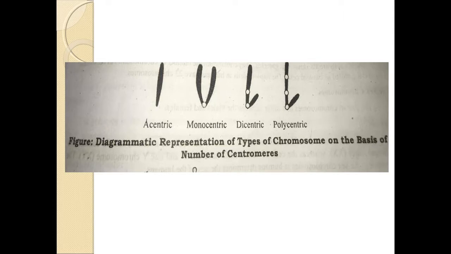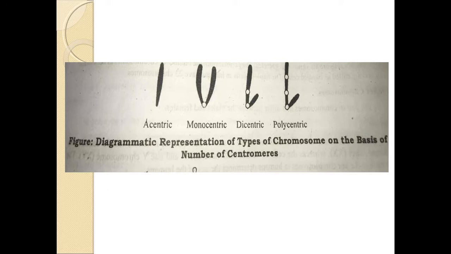Next we have here diagrammatic representation of types of chromosome on the basis of number of centromeres. This is the centromere which will divide the chromosome into two parts. Basing on the number of centromeres present on the chromosome, we have different types of chromosomes.